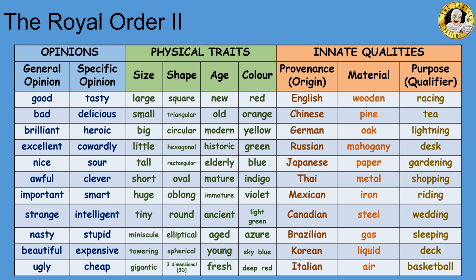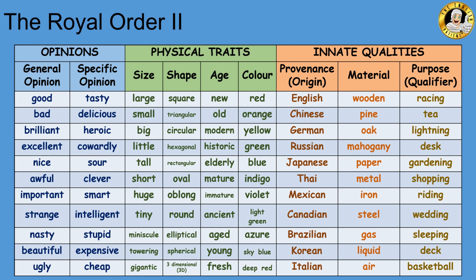All right, so rather than actually think about that large and inconvenient acronym, you can think about it as three main categories for attributive adjectives. So before the head noun, you would have opinions first, and then physical traits, and then innate qualities.